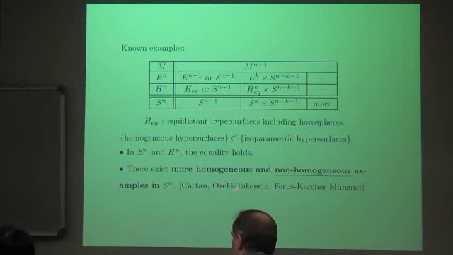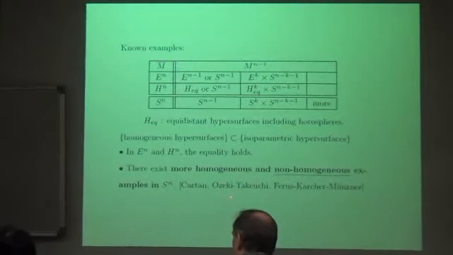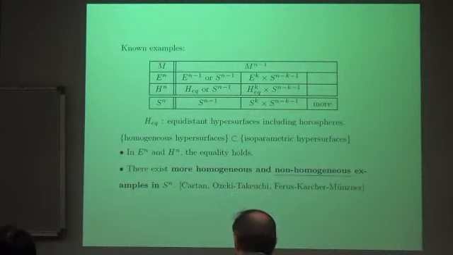And surprisingly, there are more non-homogeneous examples in the sphere. This was first shown by Ozeki and Takeuchi, and then generalized by Ferus, Karcher, and Münzner. I will mention it in detail later.